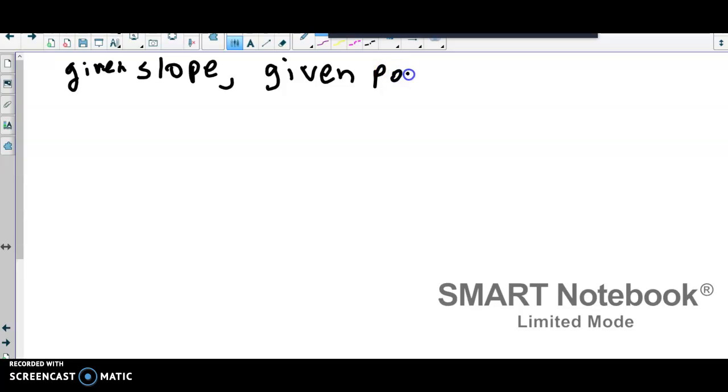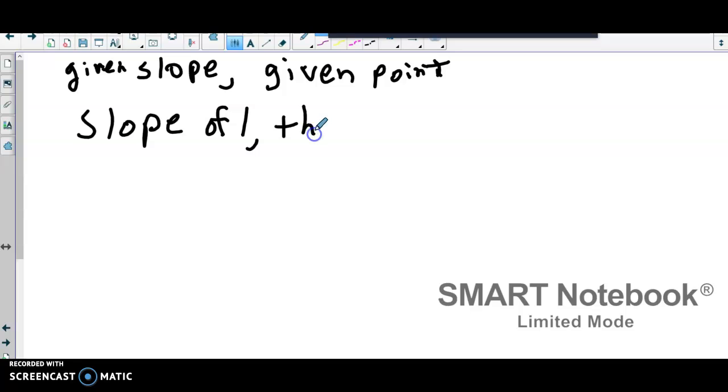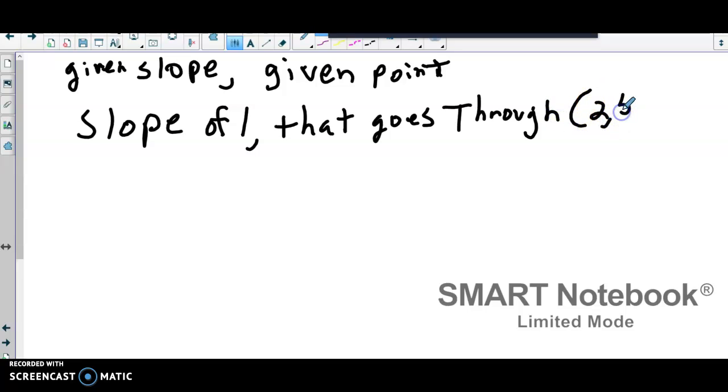Now, the way the question will look, for example, you're going to have a slope of 1 that goes through a point, let's say 2 comma 5.